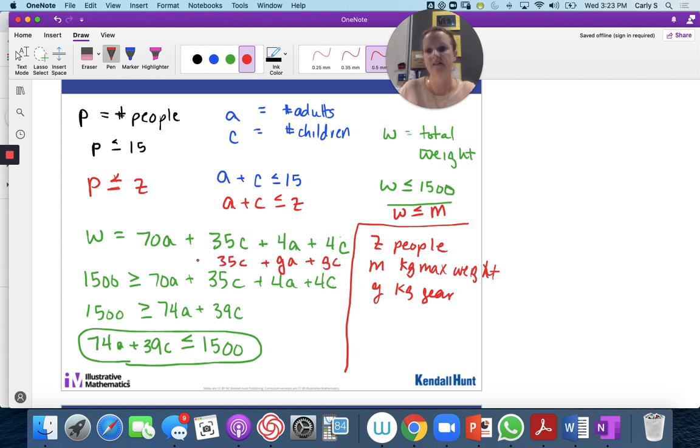And I'll fill in the rest of it. And now we can't use 1,500, we have to use M. 70A plus 35C plus GA plus GC.